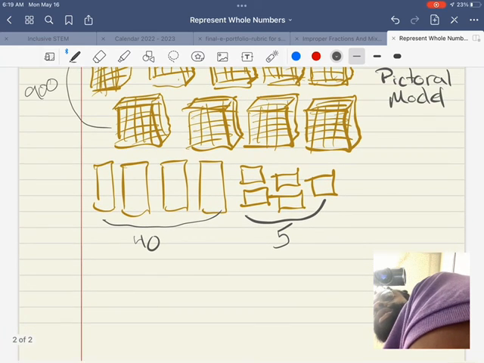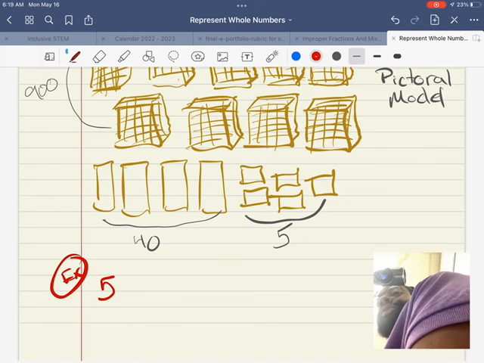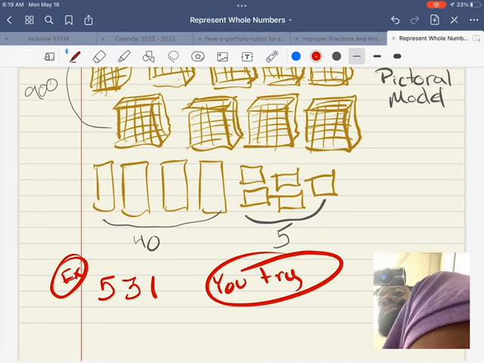So be able to look at those different pictorial models and do that. So on your picture, I don't want to see 3-dimensional cubes. Draw the flat images. Flat 10 by 10s. Now I want you to try that same thing, but we're going to use the number 531.